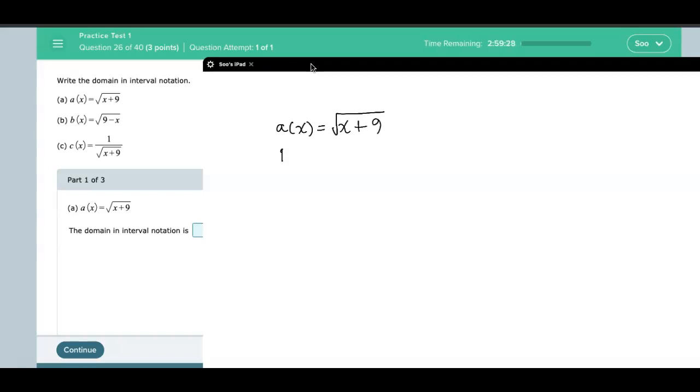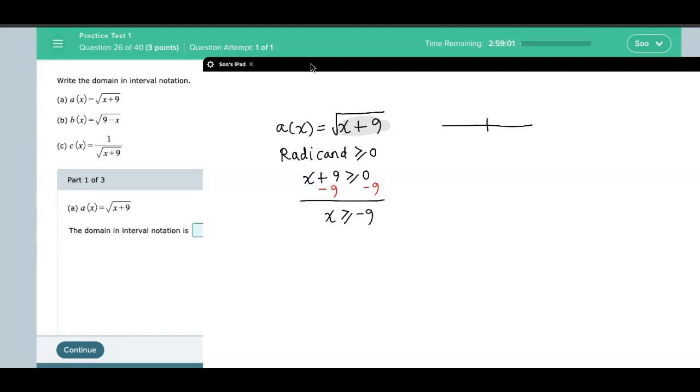Well, remember, the radicand has to be greater than or equal to 0, right? So x plus 9 has to be greater than or equal to 0, which means if I now subtract 9 from both sides, the domain is x has to be greater than or equal to negative 9.